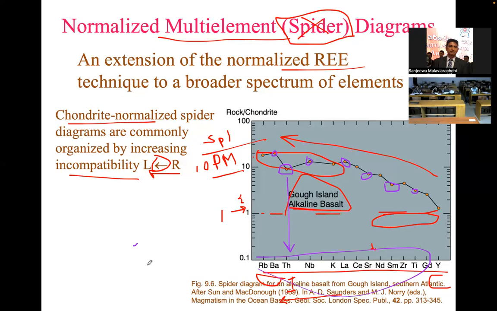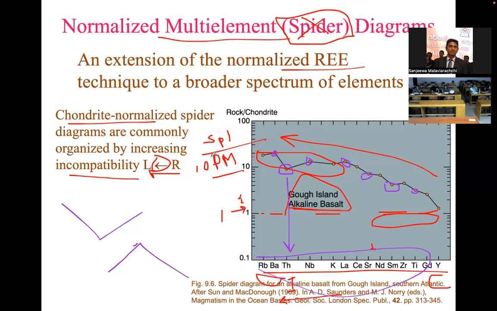So these depletions or enrichments are very important. So if something is there like depression, that is depletion, and peak like that, positive, that is enrichment. So negative, positive peaks you can see at variable degrees. So these are the normal ways of interpreting geochemical patterns, right?